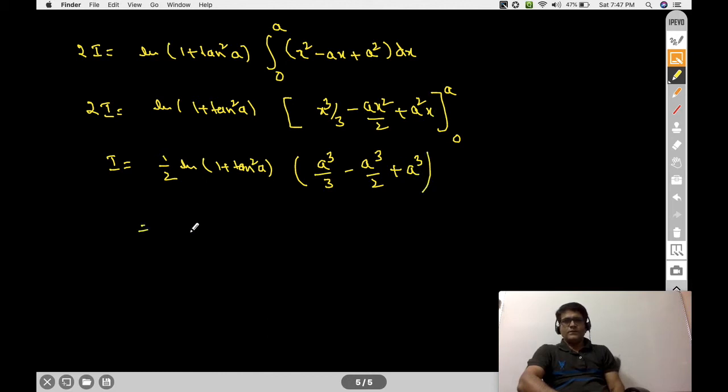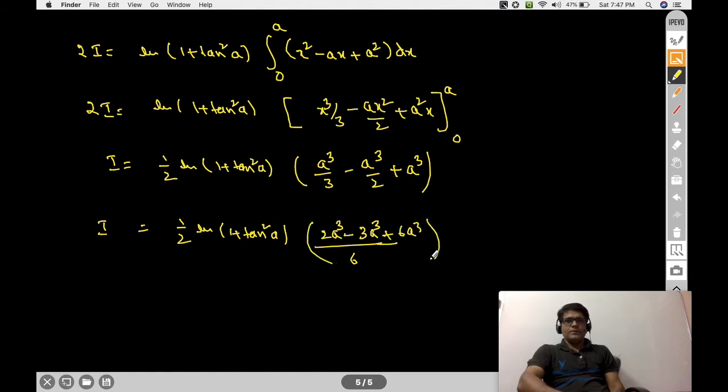So I is equal to 1 by 2 times ln of 1 plus tan square a times, here this 6, 2a cube minus 3a cube plus 6a cube.